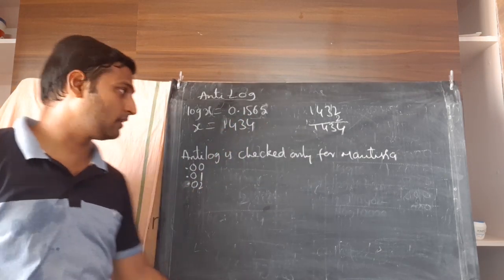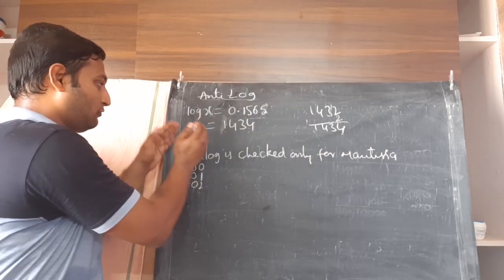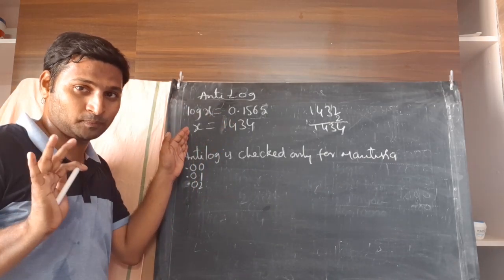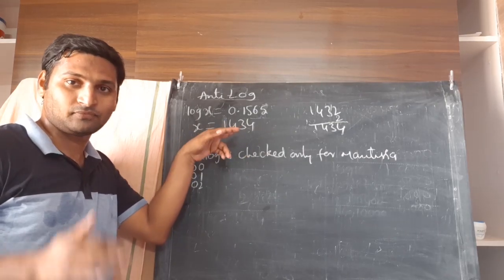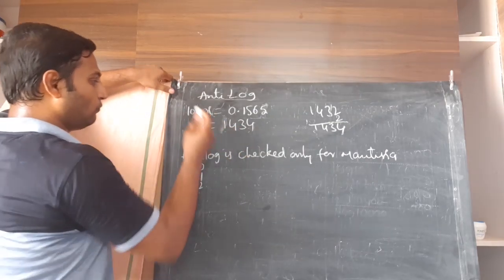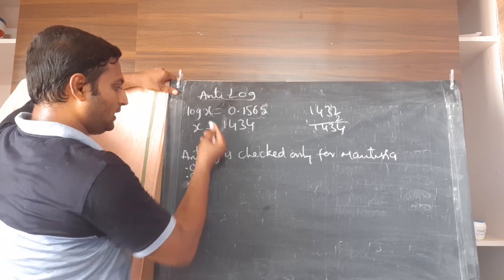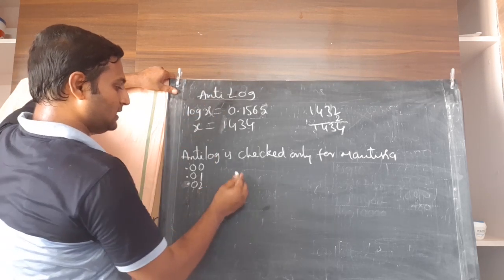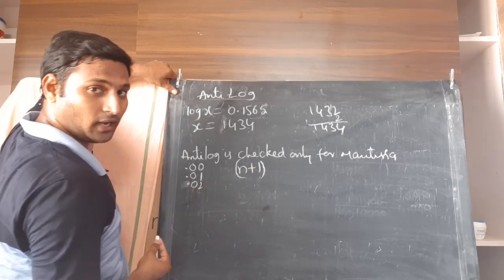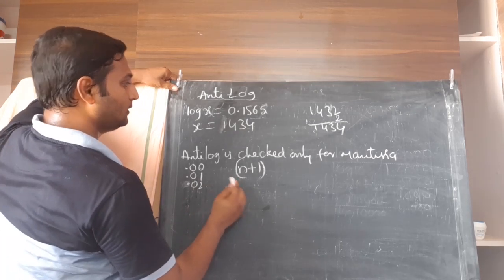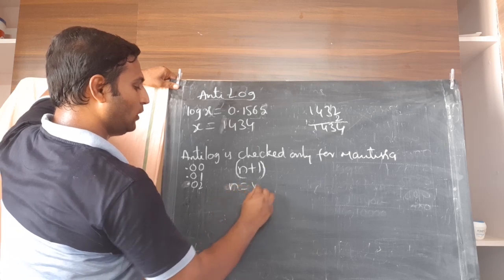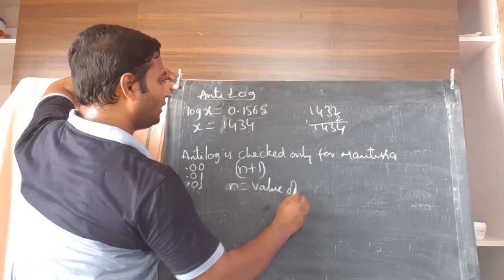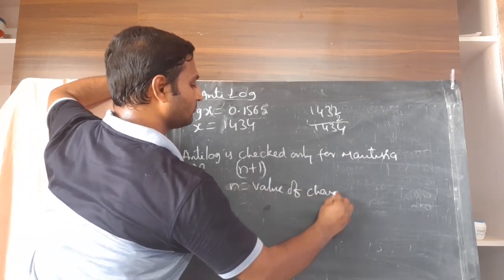Now comes the question. Digits I got are 1434, but is it the x value? No. Then to get the final x value, what should I do with these digits? In case of anti-log tables, the formula is n plus 1, where n is the value of characteristic.